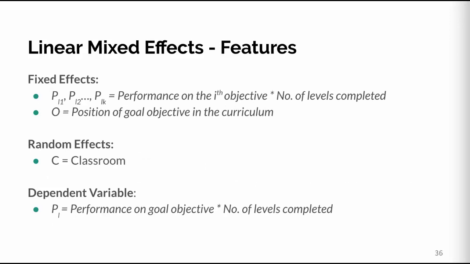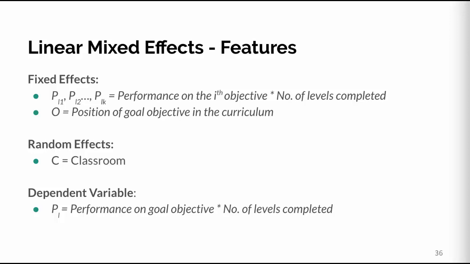To construct a linear mixed effect model, we extracted all the objectives played before each goal objective. These serve as potential predictors, also known as fixed effects, of the goal objectives as shown in the equation above. Fixed effects are PL1 to PLK, which represent the student's objective performance multiplied by the number of levels the student completed for objectives i equals 1 to K played before the goal objective.